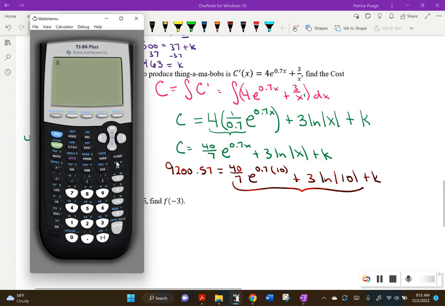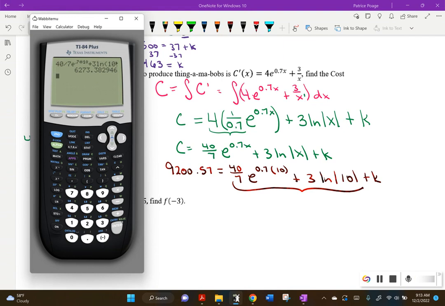All right. So we're going to have 40 divided by 7, and then e to the 0.7 times 10 plus 3 natural log of 10. The absolute value of 10 is 10, so we don't have to worry about that.